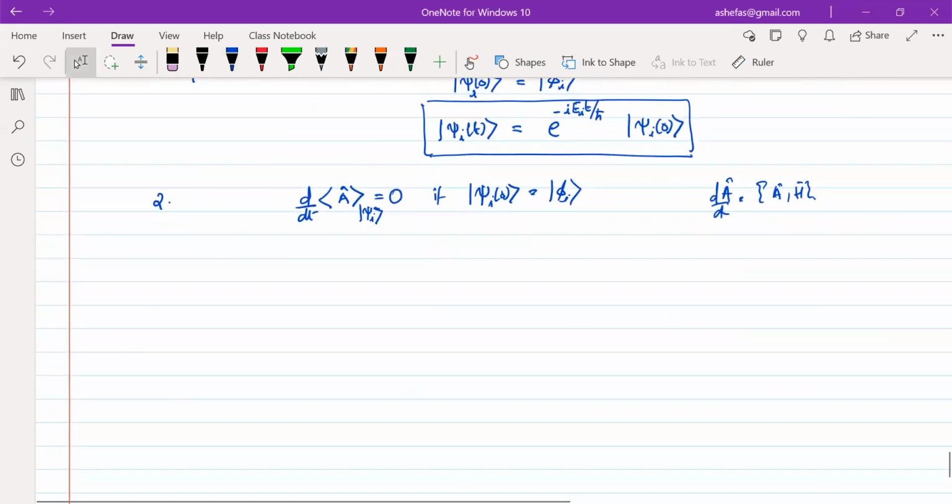Now I want to draw attention to the comparison between the classical mechanics and quantum mechanics formalisms. In classical mechanics, you have heard about the Poisson bracket formalism.